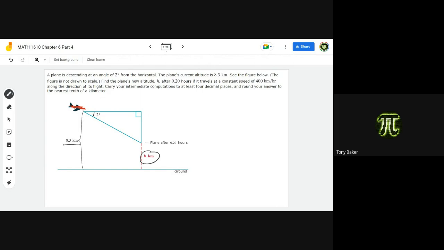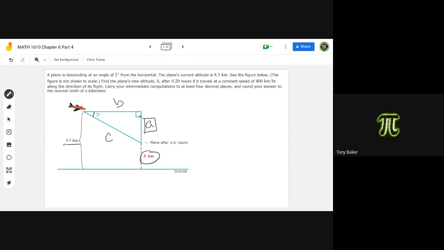So I have three things: C, A, and B. Yeah, that's 8.3 kilometers. Which value do I need to find on my triangle? A, B, or C? I need A, right?